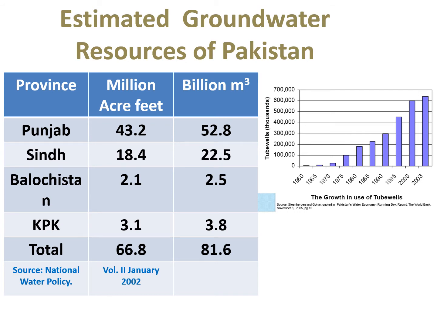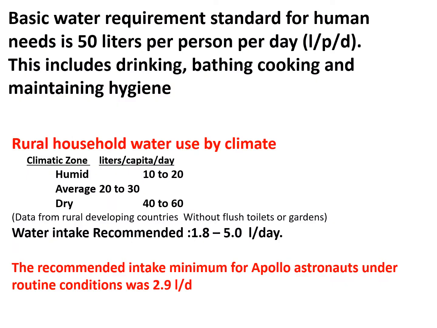So this was something again about the groundwater resource. Basic water requirement standards for human need is 50 liters per person per day. This includes drinking, bathing, cooking, and maintaining the hygiene.